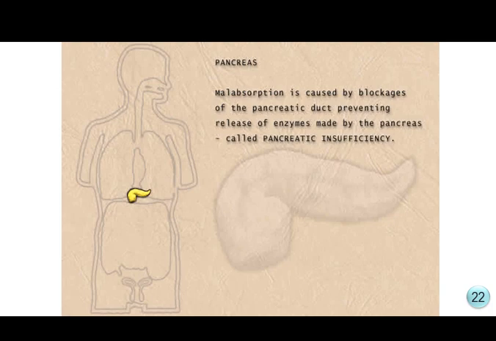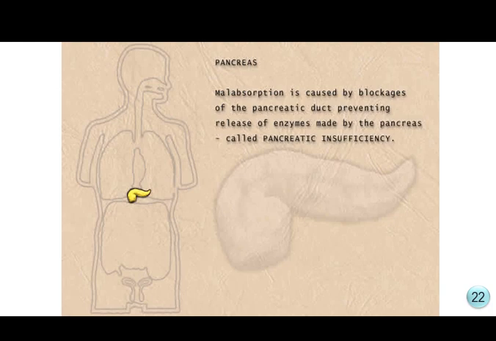And for your pancreas, you will have malabsorption caused by blockage of the pancreatic duct. Same thing, the pancreatic duct is where the pancreas secretes the enzymes generated from this organ that help your GI tract to do the digestion.